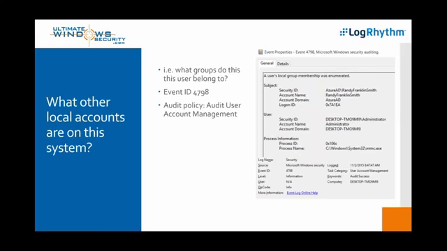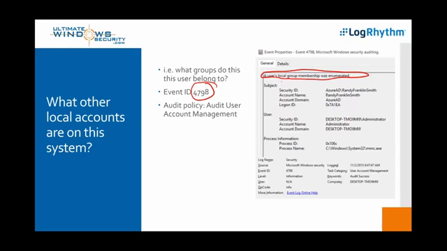All right, so a new event from Microsoft beginning in Windows 10, and it's also now here in Windows Server 2016, and that is event ID 4798. A user's local group membership was enumerated. And here's the cool thing.